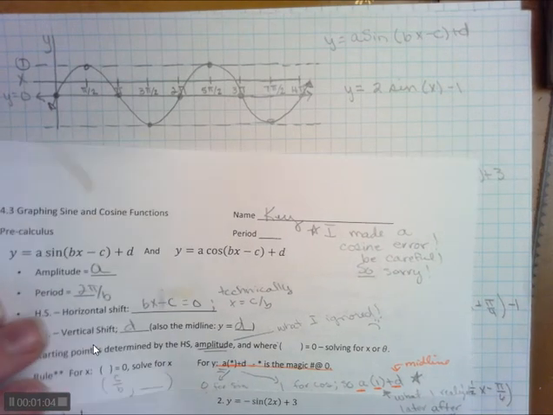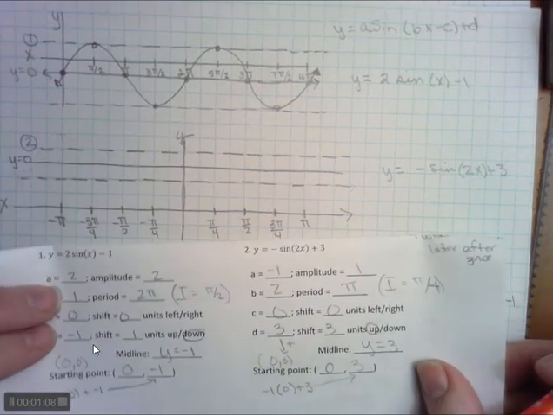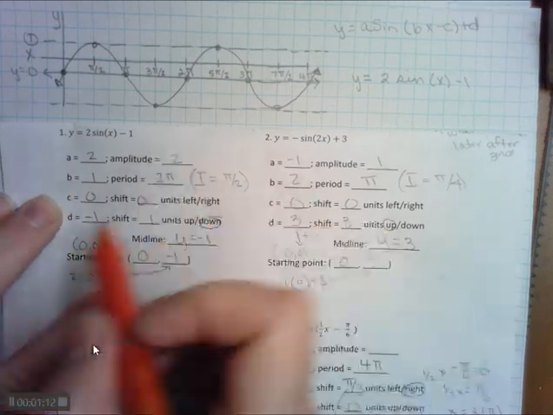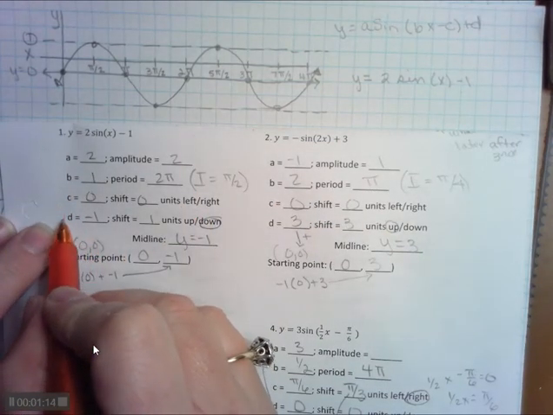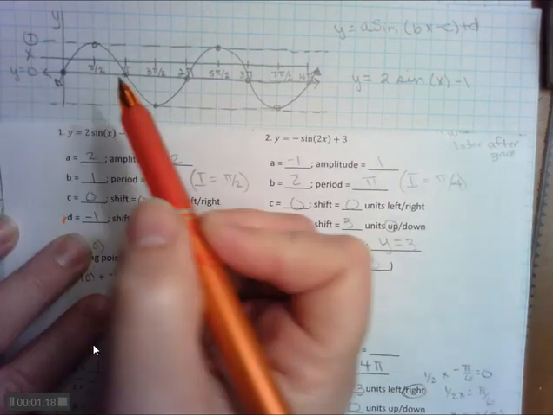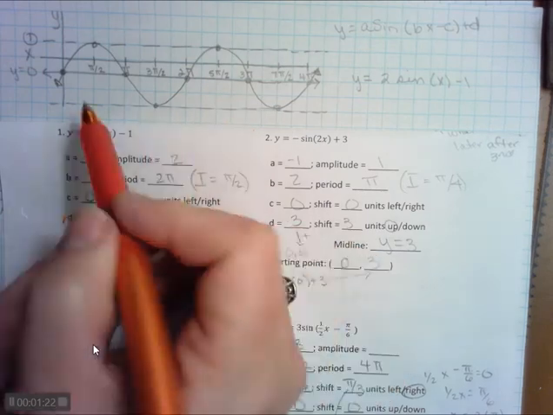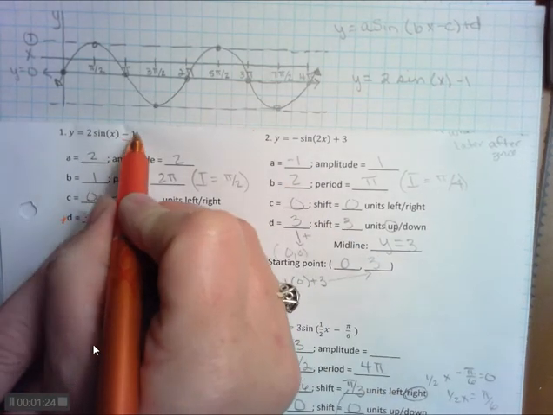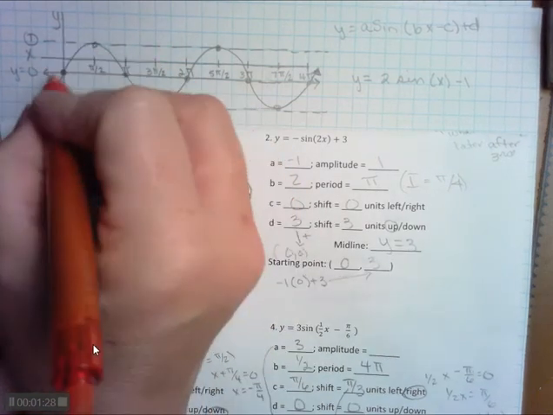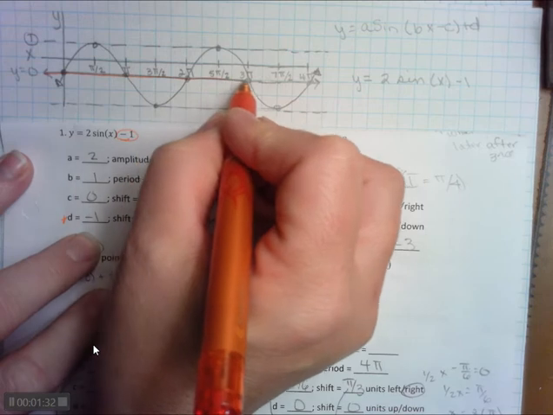Okay, with that said, I'm going to show you the graph of this first one. So the midline is always where we start, and we put in the 1, and here is where, oh, -1, sorry, it's right there. There's my midline. And so this is where y is -1.